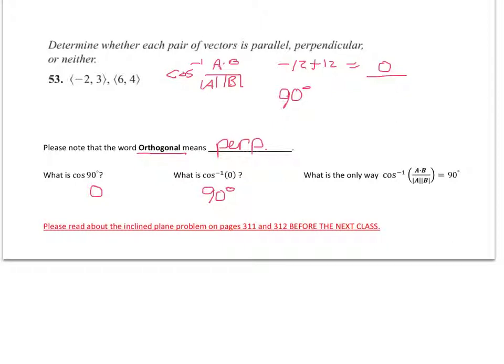So that's kind of a quick way to check those two vectors. Look at the dot product first. If the dot product is 0, then you know that the vectors are orthogonal. All right. Questions? You okay? All right. We are done.